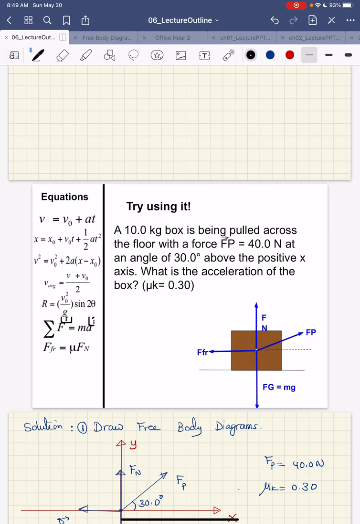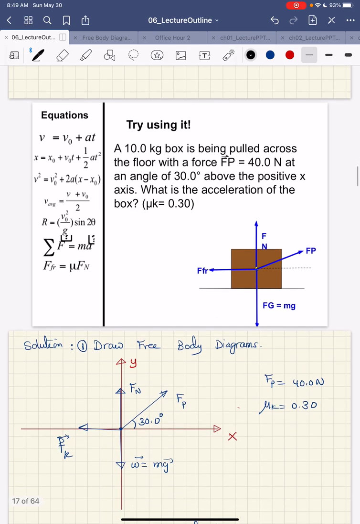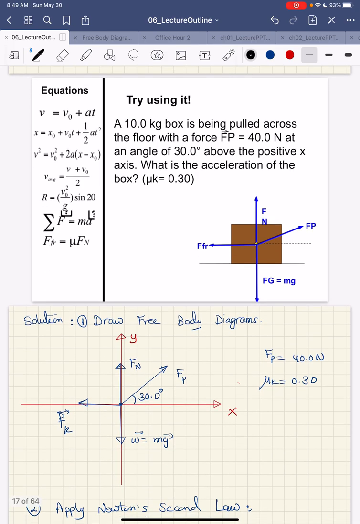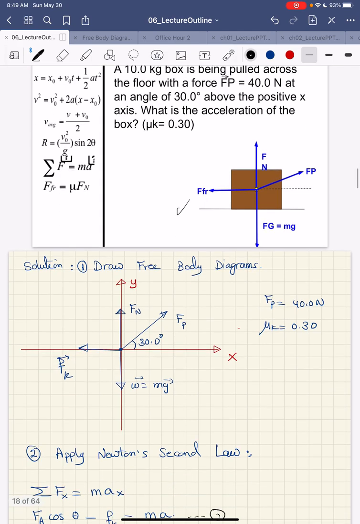Of course, in all these solutions, we should have free body diagrams, okay? And the free body diagram is going to be very similar to what we have in the picture here, but I like always to draw it without having the object so that it will be clearer. And I listed my quantities.